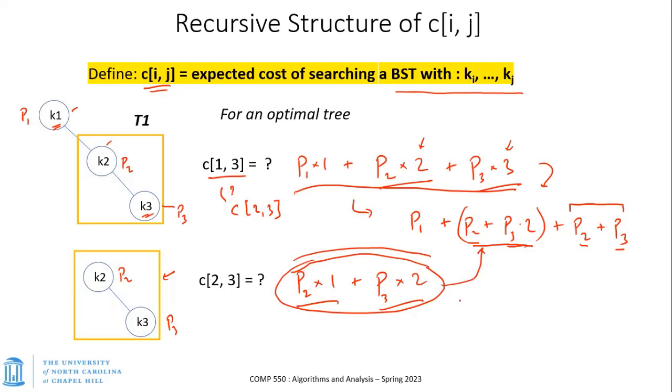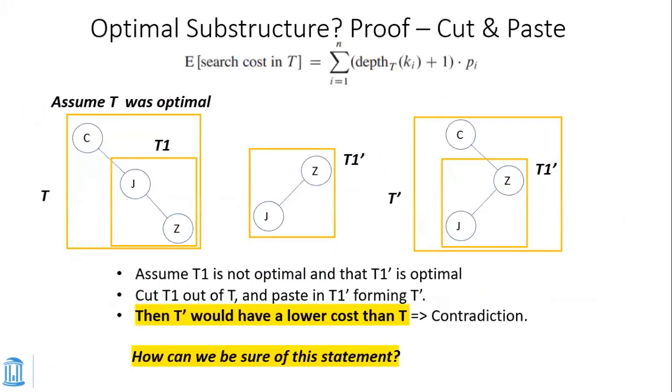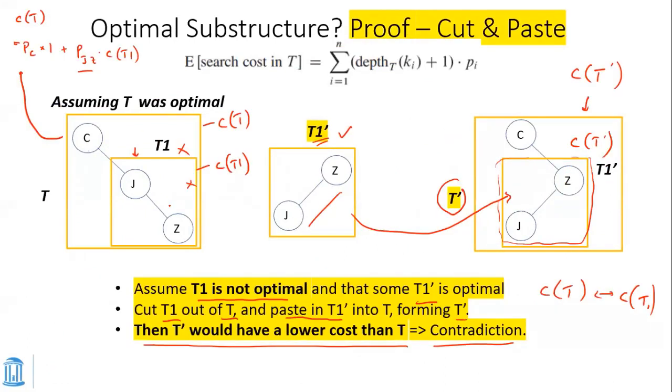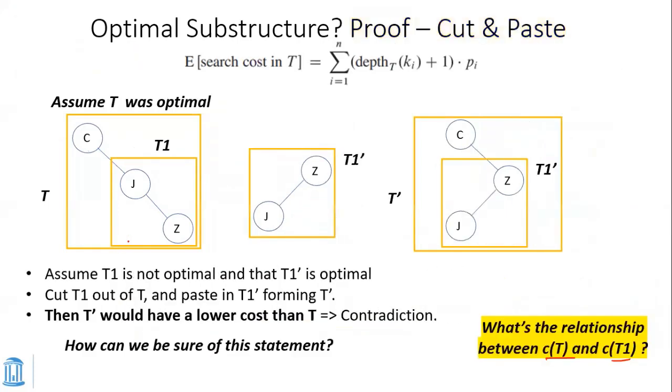So in other words, we could write this entire equation C13 as P1 plus the cost of 2, 3 plus, and this is essentially what Yuvraj said, the probability of this particular scenario happening. Either J or Z being picked.